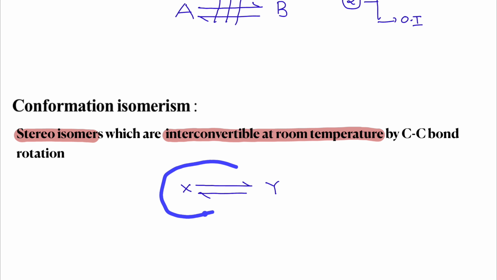The stereoisomers which are interconvertible at room temperature or at elevated temperature are said to be conformational isomers. So this is the exact definition of configurational isomers and conformational isomers.